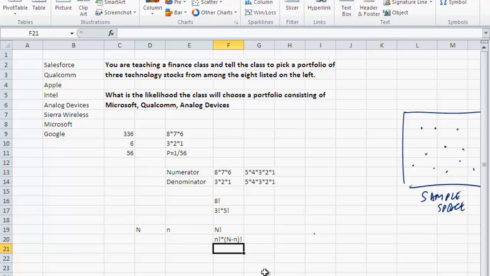This formula is how you would go about calculating a combination.